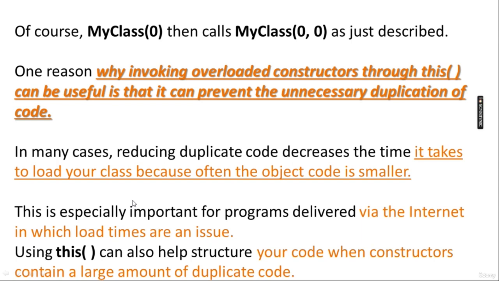Data transmission over the internet always takes time, so the added overhead, the extra time, is eliminated using this. So again and again calling the same code is avoided using this.